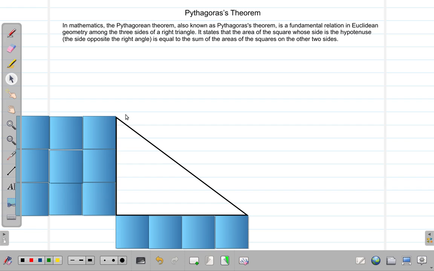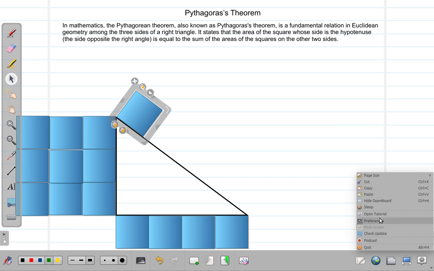What would happen on the hypotenuse? Let's paste again. Let's paste a square here, and let's lean the square on the hypotenuse. Want it to be up just a little bit. Okay, good.